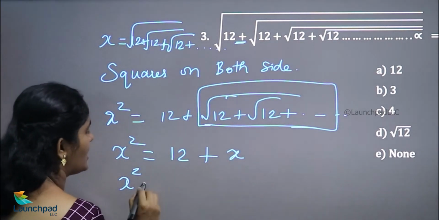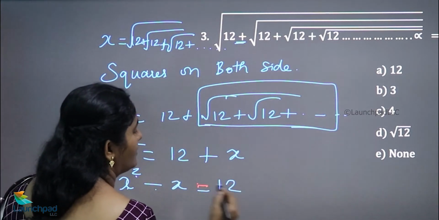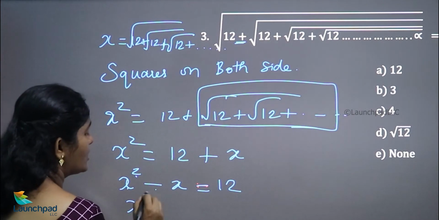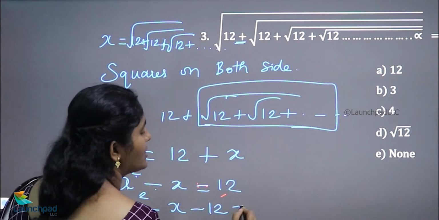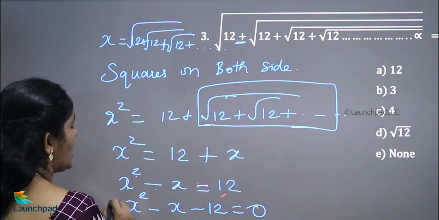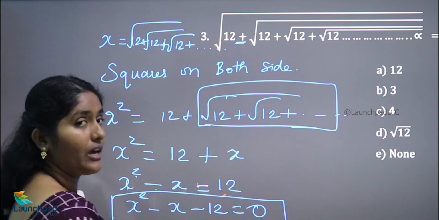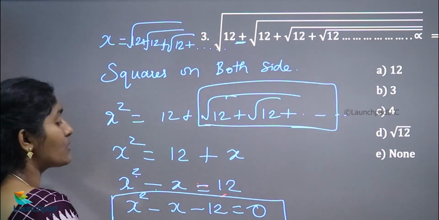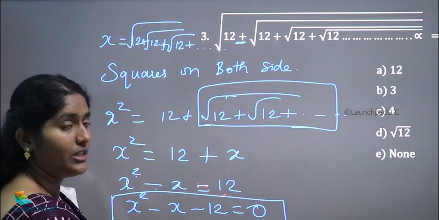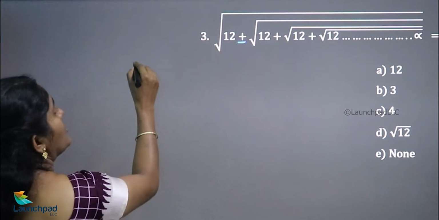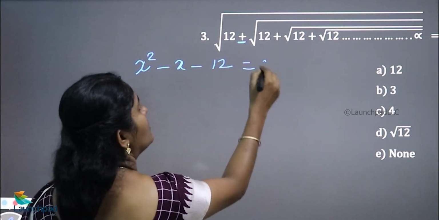The x will come to this side: x square minus x equals 12. Now x square minus x, the 12 comes here as minus 12, equal to 0. So now we have formed a quadratic equation. How can we solve the quadratic equation? By factorization. So x square minus x minus 12 is equal to 0.